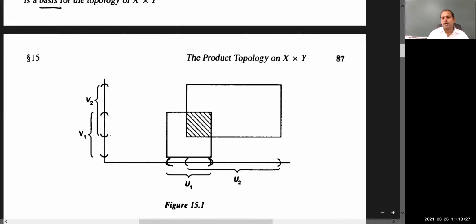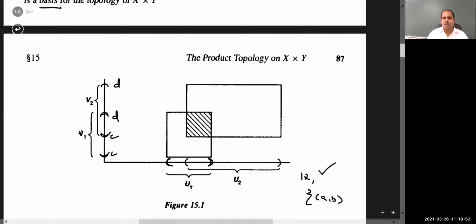We know that on R with standard topology, the collection of all open intervals is going to generate the basis for standard topology. So let me denote this interval (a, b) by U1, and similarly let me call this interval (c, d) by V1.